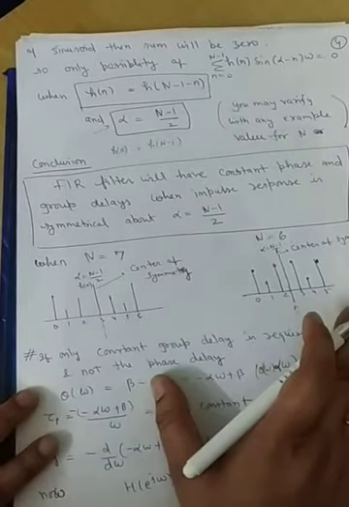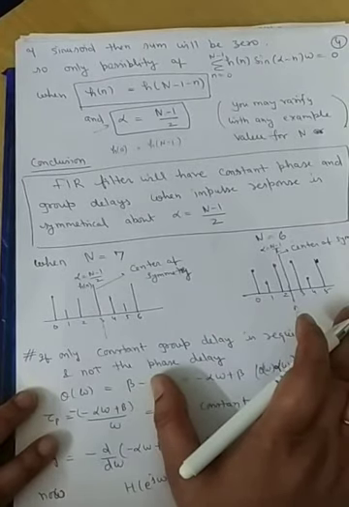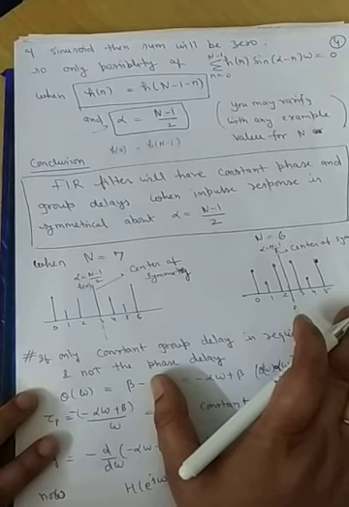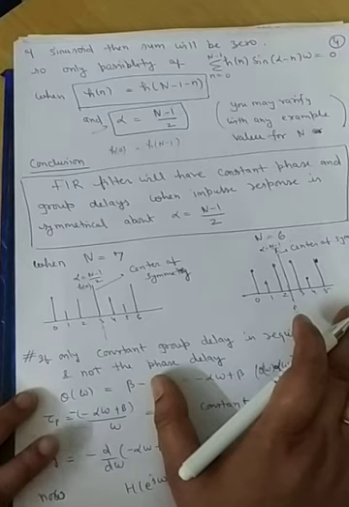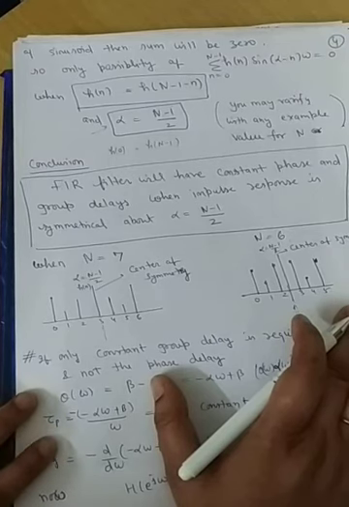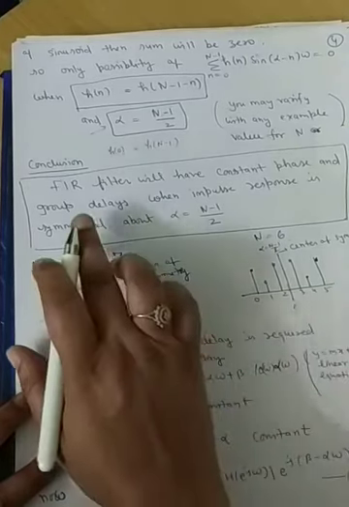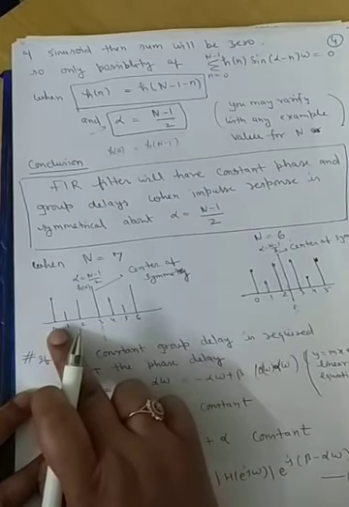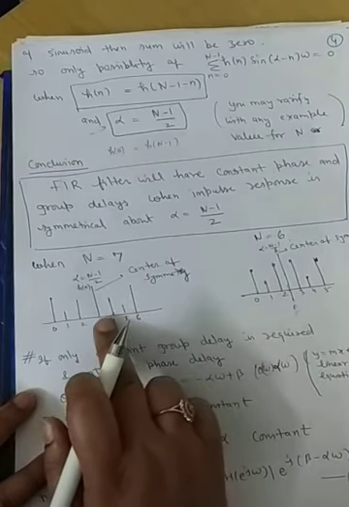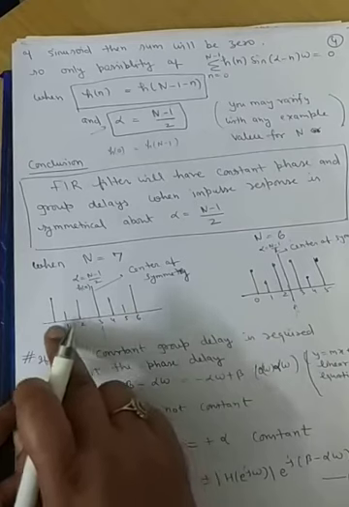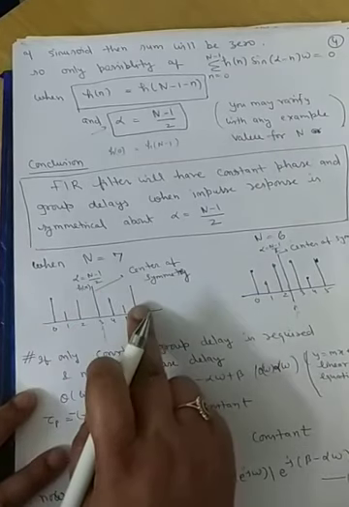So this is a thing that you have to remember: when you want to design the exact linear phase FIR filter, and the linearity follows the equation y equal to mx, means in this case group delay and phase delay are both the same, equal to the proportionality constant alpha, the impulse response of the designed FIR filter should have a symmetrical response.